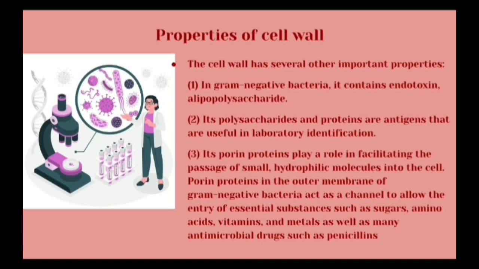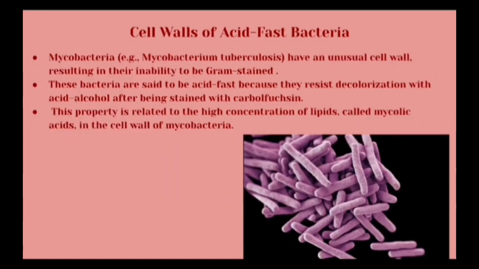Its porins play an important role in facilitating entry of smaller hydrophilic molecules into the cell, thereby giving nutrition like sugars, amino acids, vitamins, and metals, and antimicrobial drugs such as penicillin also move through the porins. So that is a property of the cell wall.